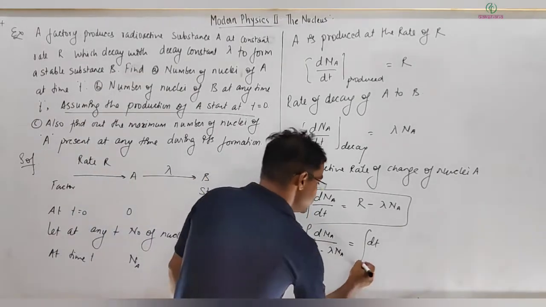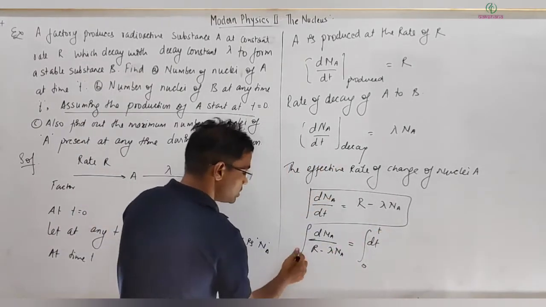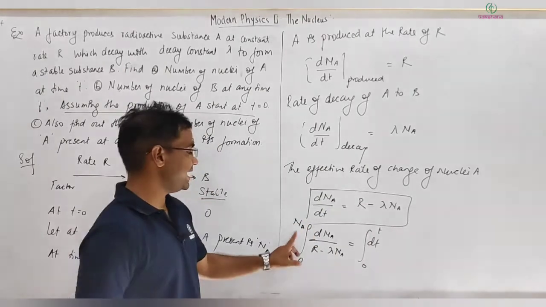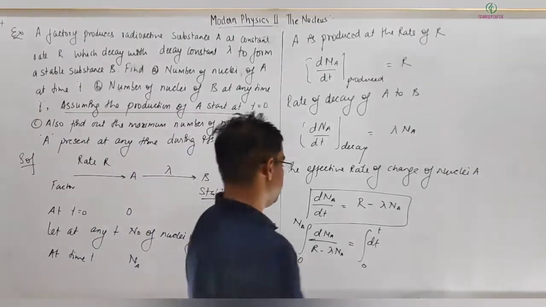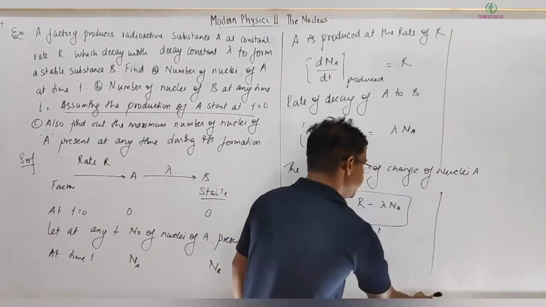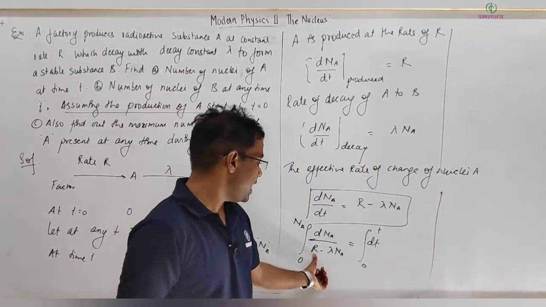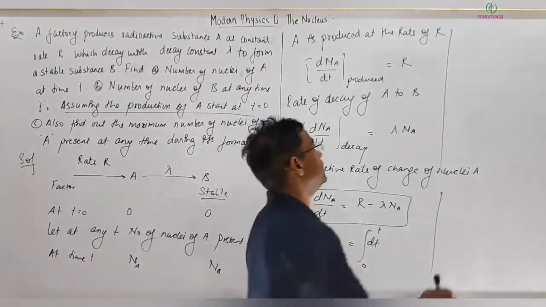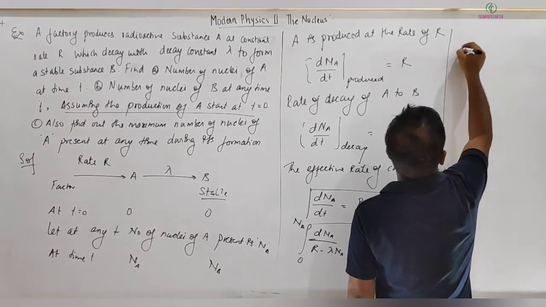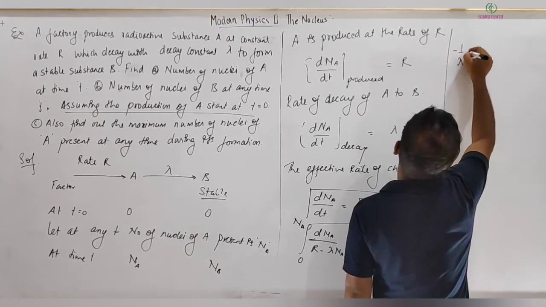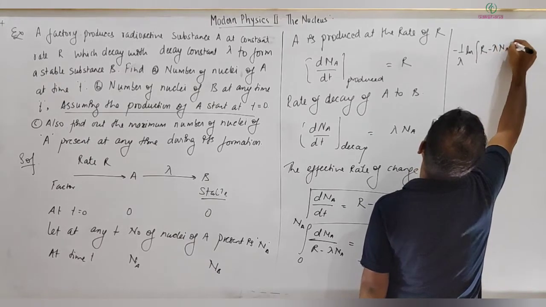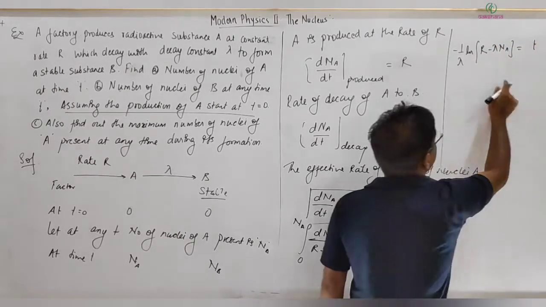So here, from 0 to t, and at t equal to 0, what is NA? It's 0, and at time t, let me write it NA. Now if we integrate it, it will be ln(R minus lambda NA) divided by minus lambda. So the integration comes out to be minus 1 by lambda ln(R minus lambda NA) equal to t.